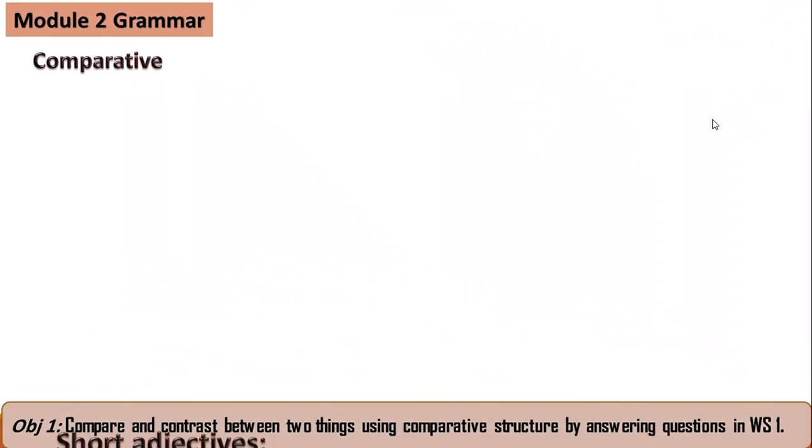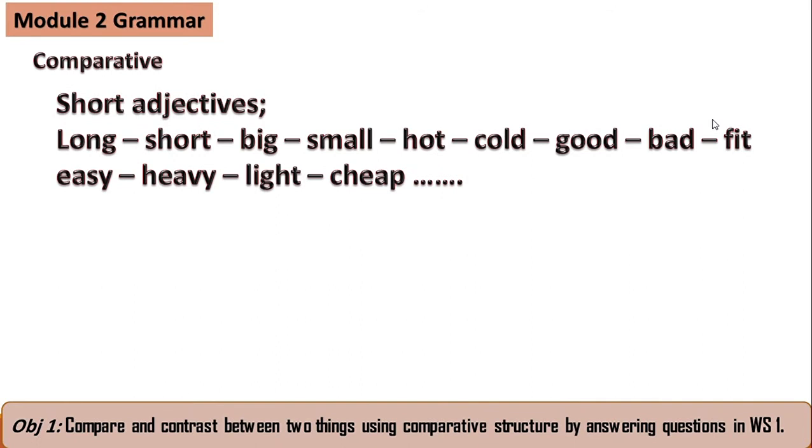Let's see some examples of short adjectives like long, short, big, small, hot, cold, good, bad, fit, easy, heavy, light, cheap. Some of these adjectives have 2 syllables, but we use them exactly as short ones.